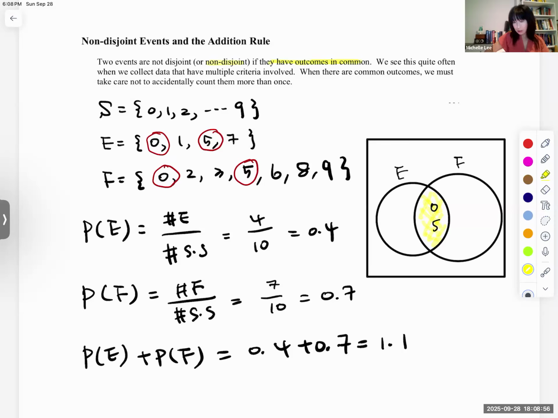They both have 0 and 5. Then 1, 7 there, and then 2, 3, 6, 8, 9.